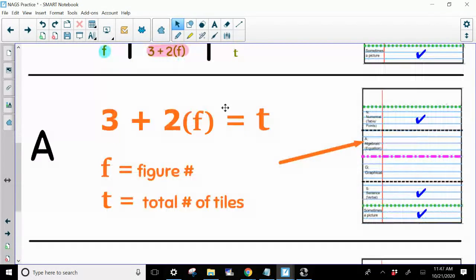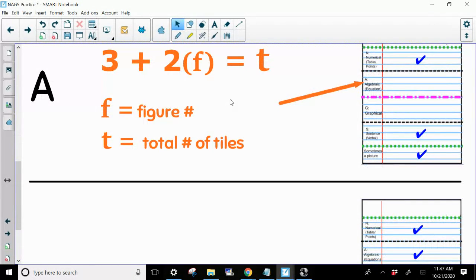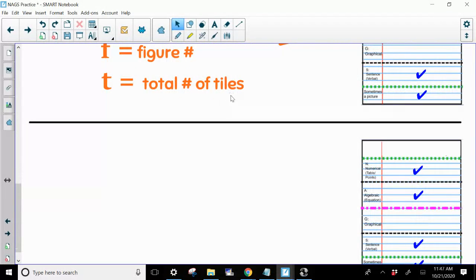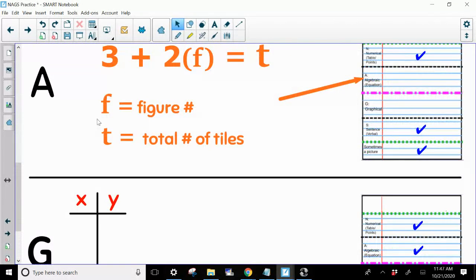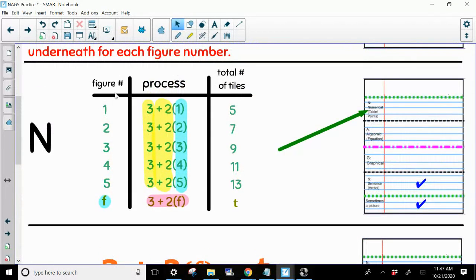All right, so now we can move on to our graph, where we're going to need to make a table of our x and y. So if I scroll back up, our x and our y are actually given to us, where we have our figure number and our total number of tiles.